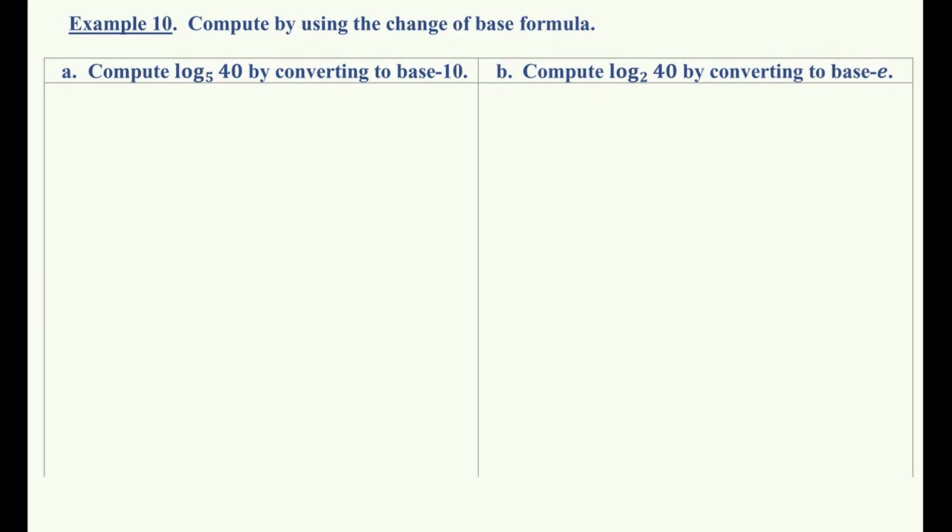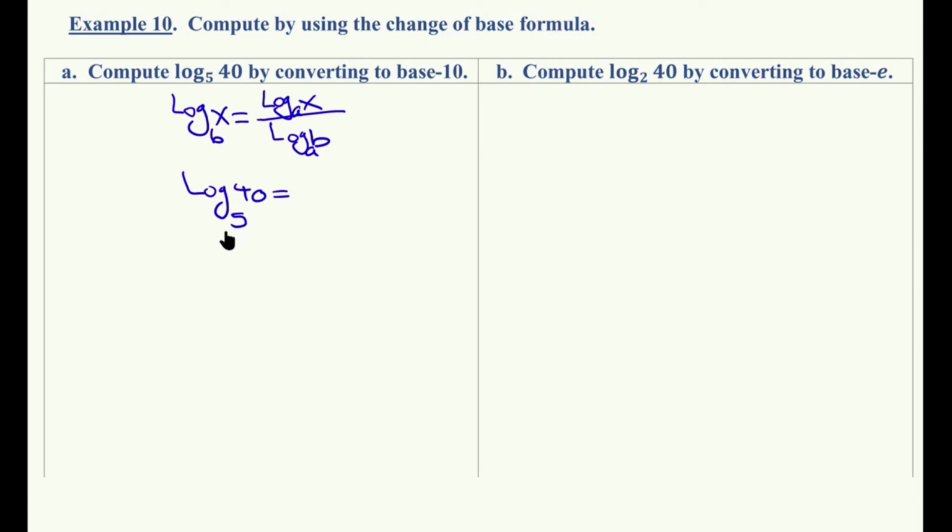So let's recall the change of base formula. It says if you have log base b of x, you can compute it by using log of any other base of the same argument, as long as you divide it by log that same base of the original base. So we can take log base 5 of 40.